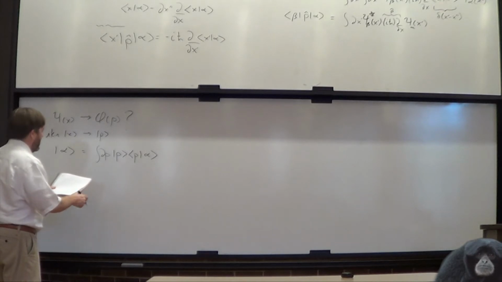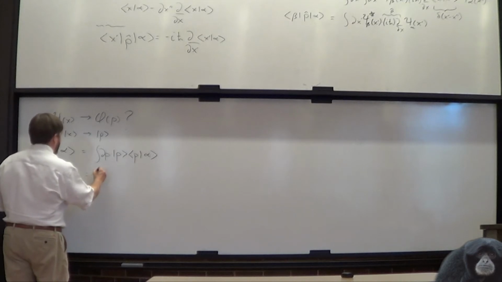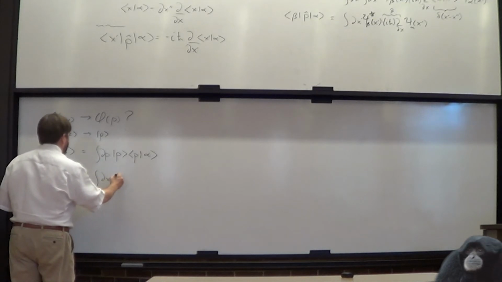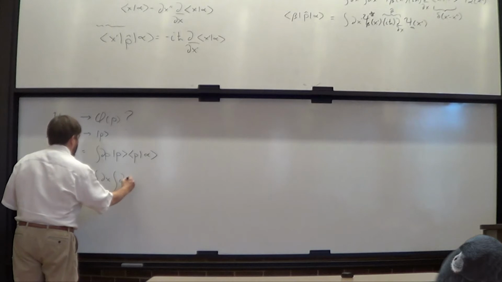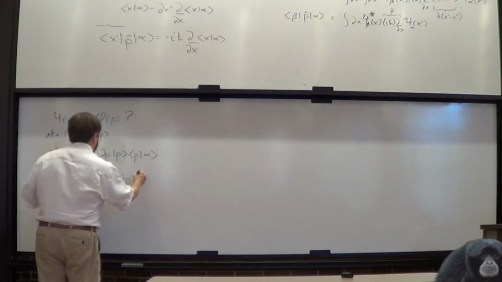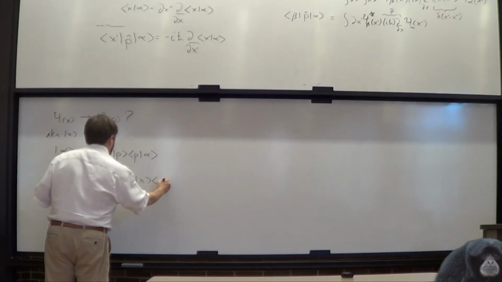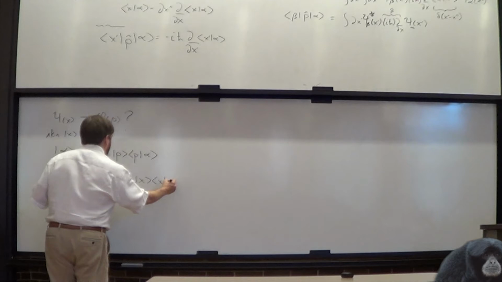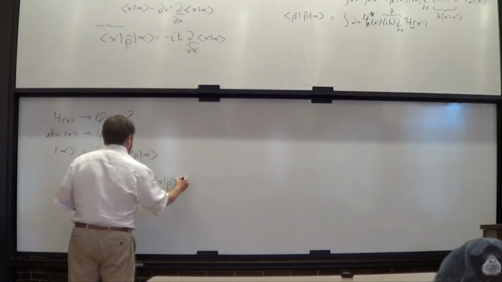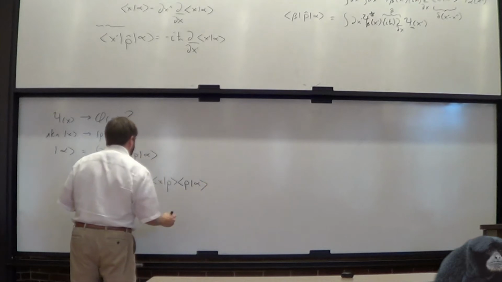So what I'm going to do is resolve another identity in X. X dp, and let me make sure. Okay, I'm going to put that here. I have to think about where this was. And now I'm seeing the thing that I need.